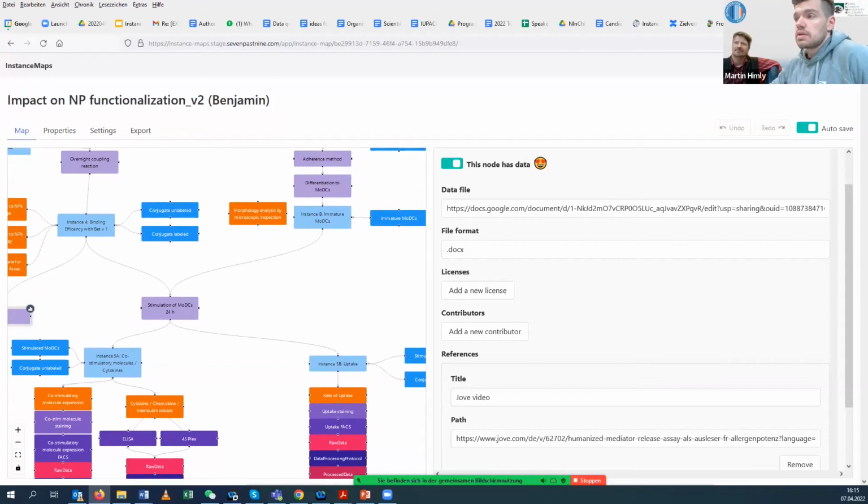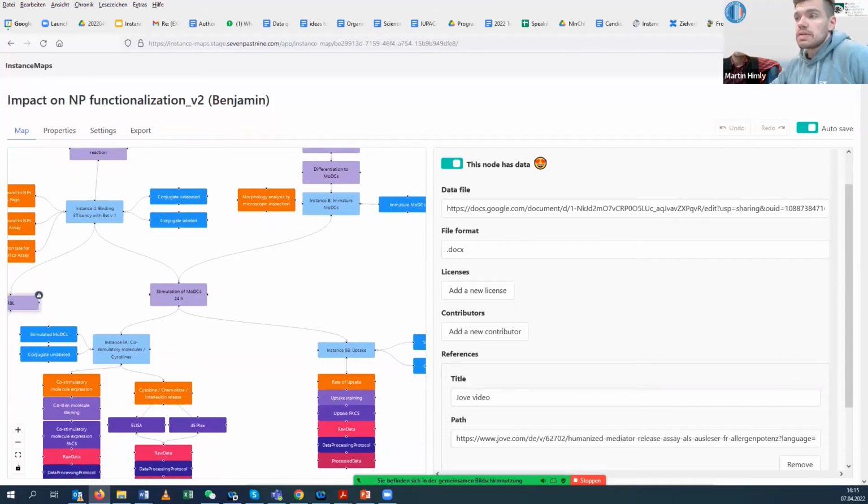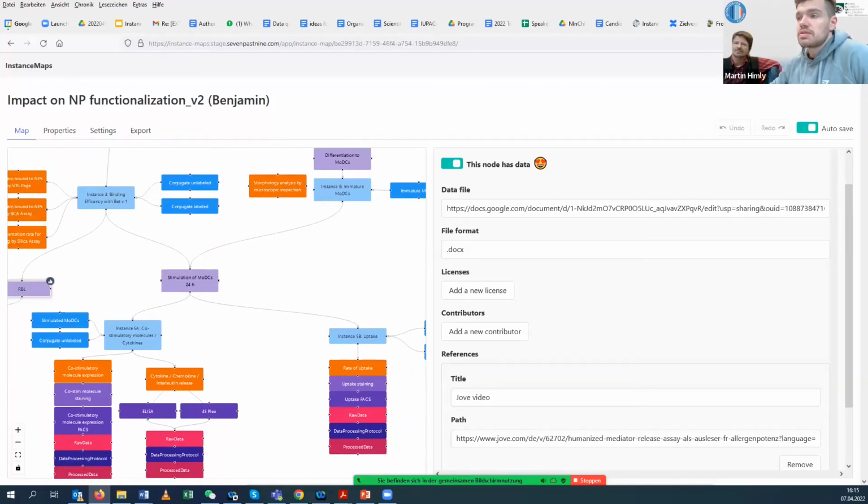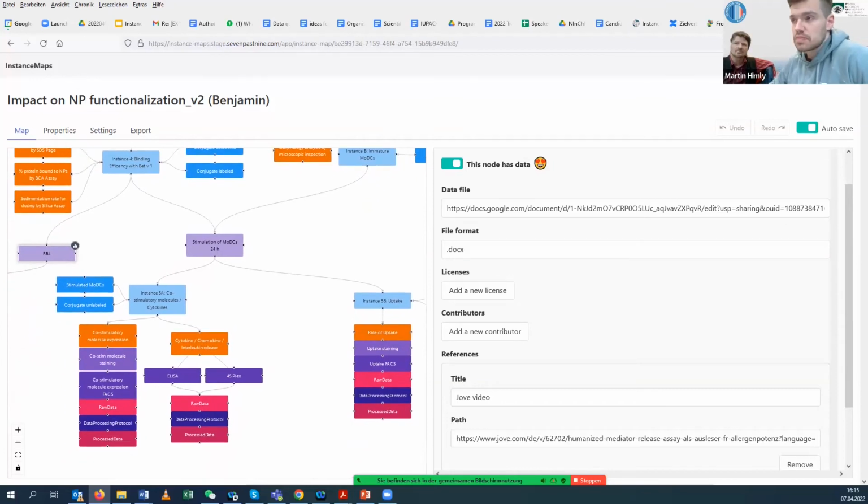And down the line, we basically combined the monocyte-derived dendritic cells with our particles and estimated what effect it has. This was the purpose of the project, basically.